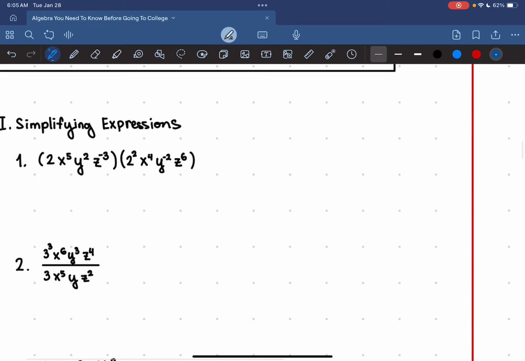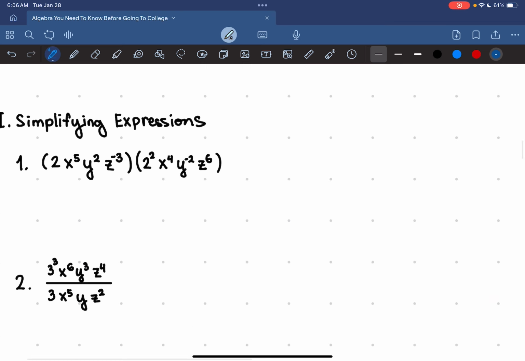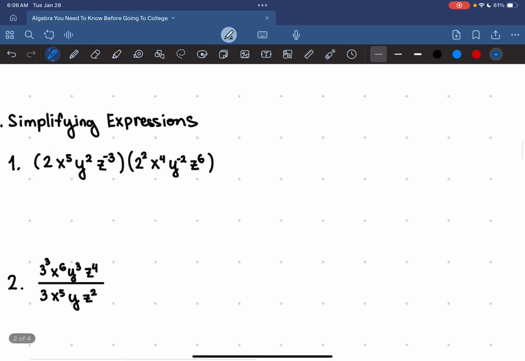Essentially we just multiply and add the exponents of those with the same number or the same variable. Just take note that when an exponent is not present, that just means that it is 1. Okay, so let's do this one.